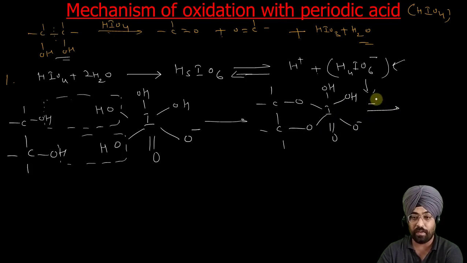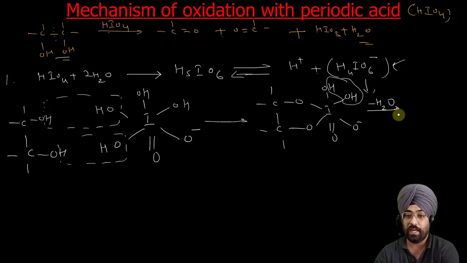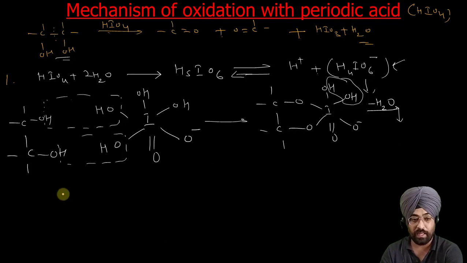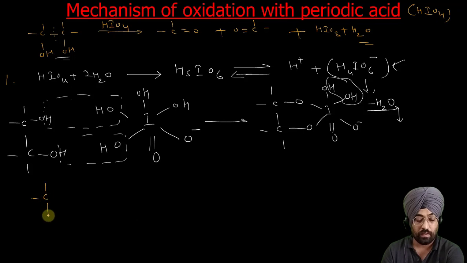In the second step, water will be removed, and what you get is, I will write this product here because we have to use it again: C-O-O-I with C double bond O, C double bond O negative.